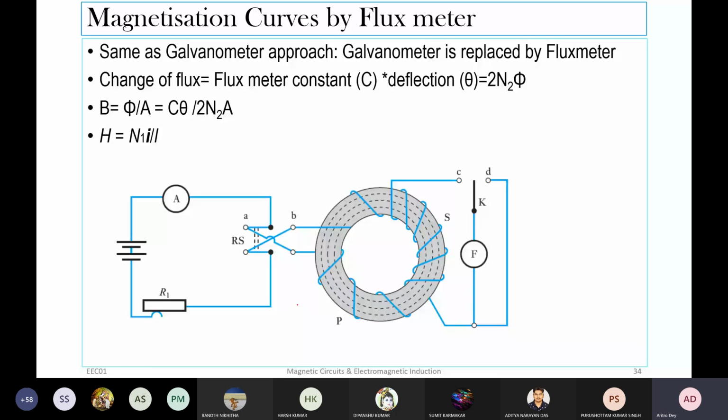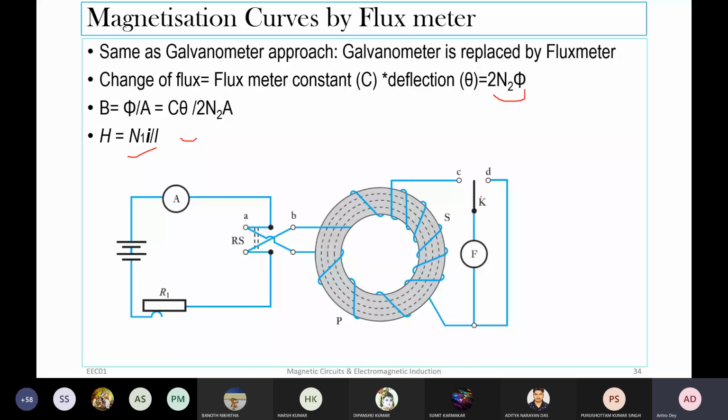We can also do the same thing without using anything special, like whenever we do the transformer related experiment. I don't know whether it is taught in your laboratory class; your open circuit short circuit test is over in transformer. Maybe not for all sections.